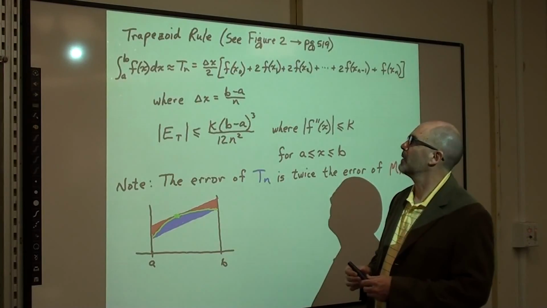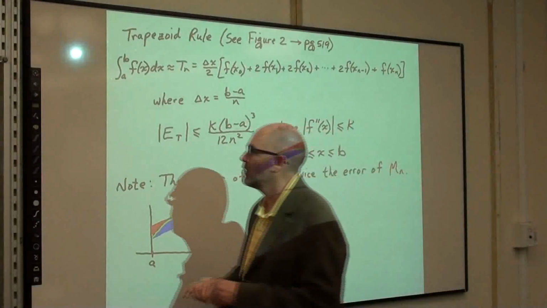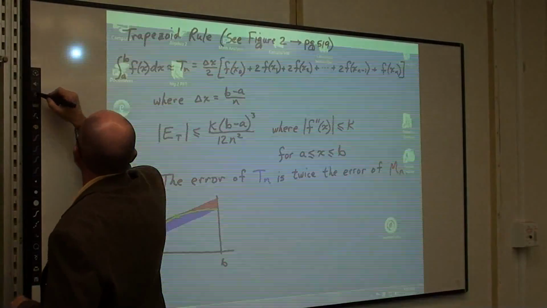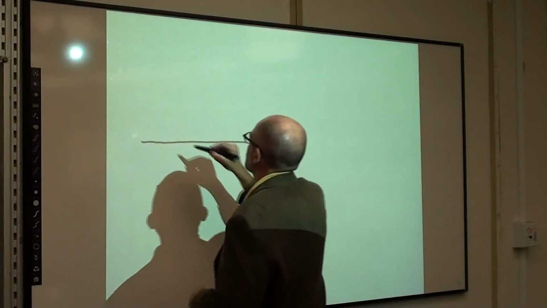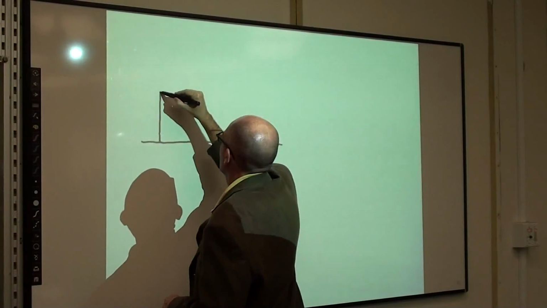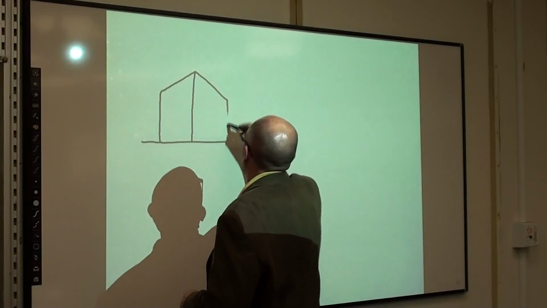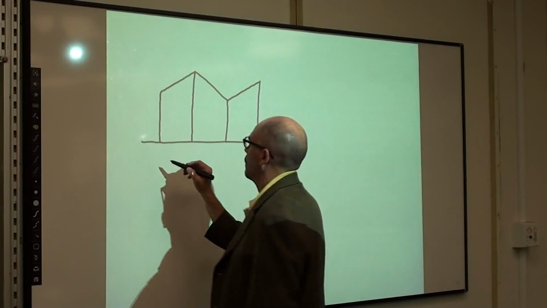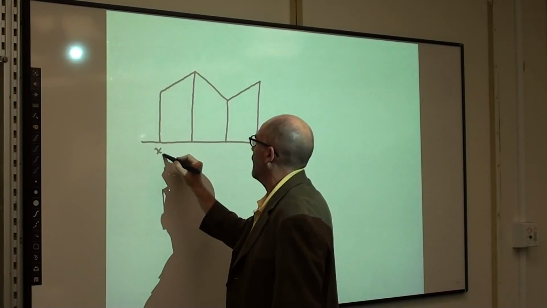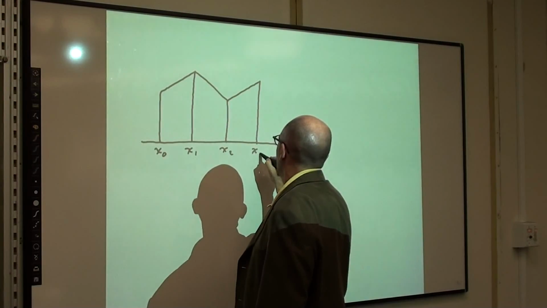Now I want to explain why this is 2, 2, 2. So let's take a look at some trapezoids here. Here's x sub 0, here's x sub 1, here's x sub 2, here's x sub 3.